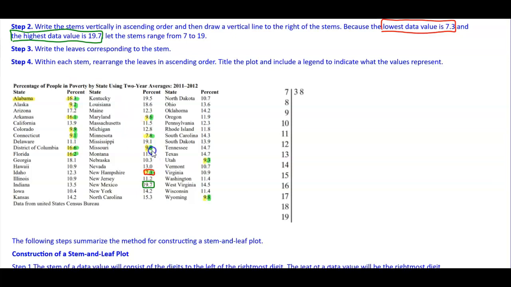We also have to make sure that we include where it is double. Take a look at the stems here: we have 1, 2, 3, 6, then two 8s, and then a 9. Therefore that represents 9.1, 9.2, 9.3, all the way to 9.9.